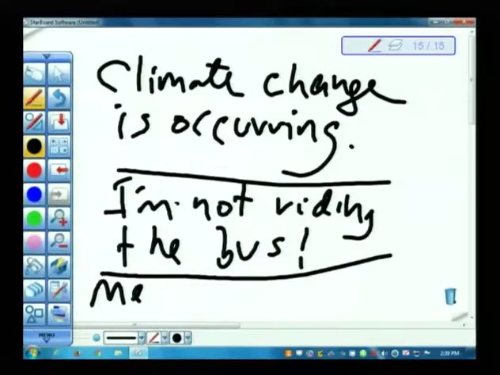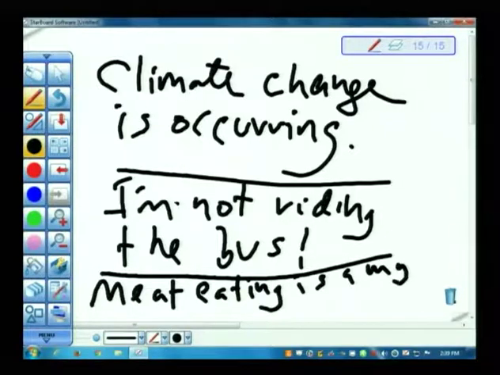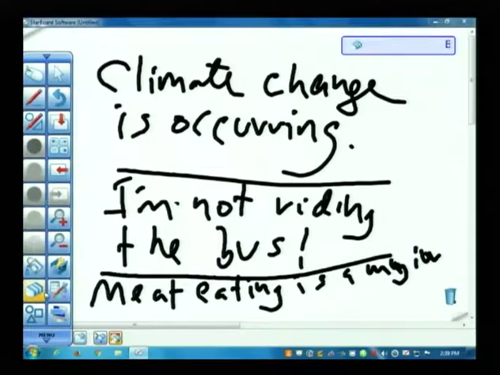Oh, how about if the person would say, meat eating is a major producer of carbon or something.